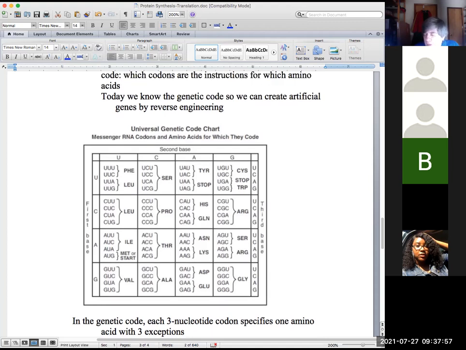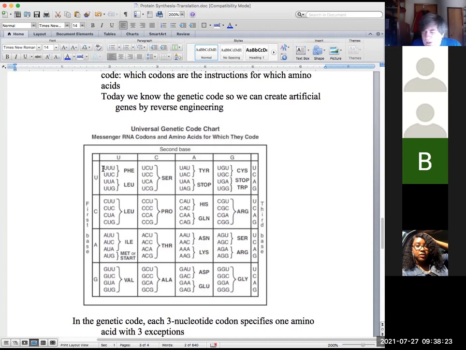So you might remember when we talked about replication, we talked about mutations. And we said a mutation is a change in the DNA. Well, think about if you have PHE, this amino acid in a protein. You might have the codon UUU, so that means the DNA was AAA.